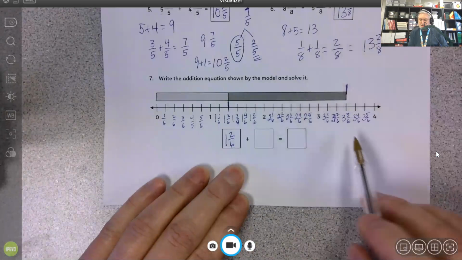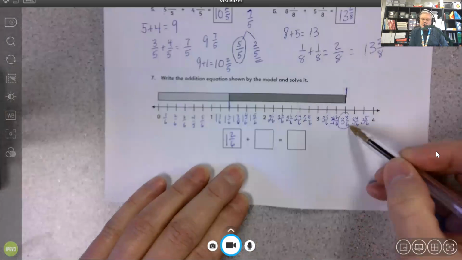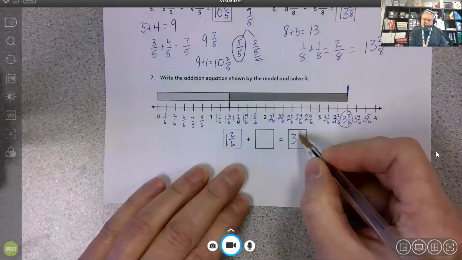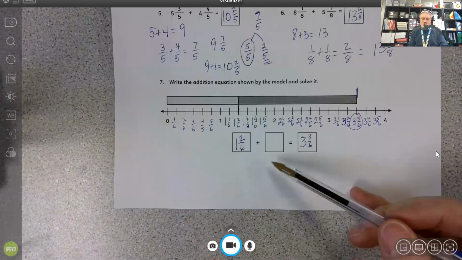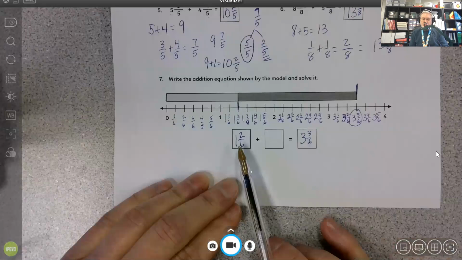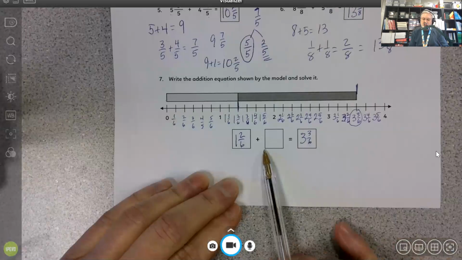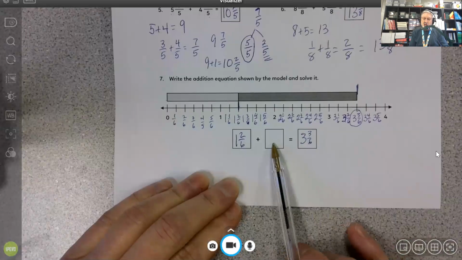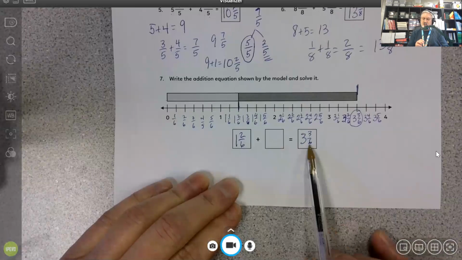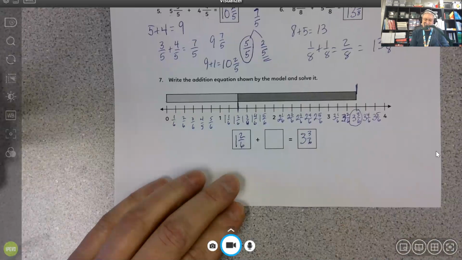And it looks like this one is, I'm going to circle it, 3 3/6. So I have to figure out what mixed number I add to 1 2/6 that is going to give me the answer 3 3/6, okay?